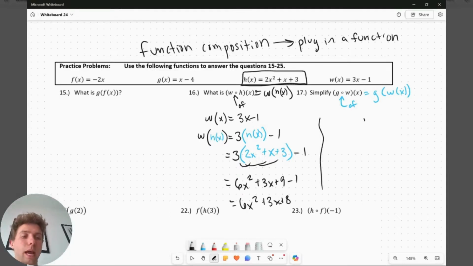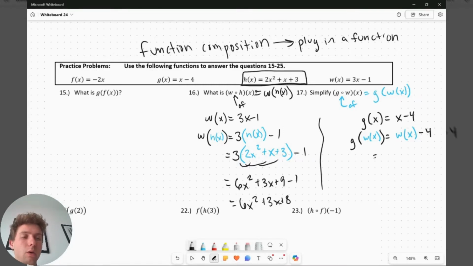You always start with the outside function. That's g of x. G of x is just x minus 4. Okay, but we didn't want g of x. We wanted g of w of x. That means instead of x, I am now plugging in whatever w of x is. So x now gets changed to be w of x. The minus 4 is still there.